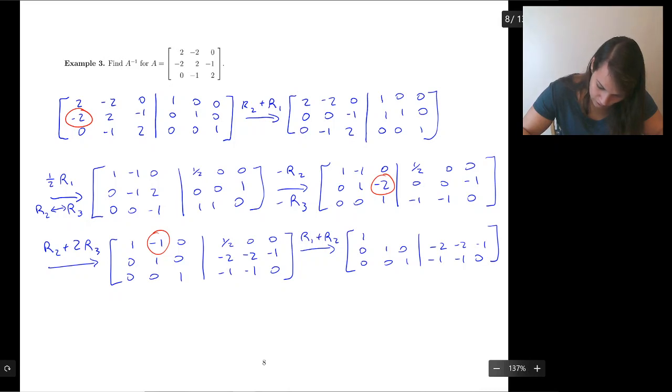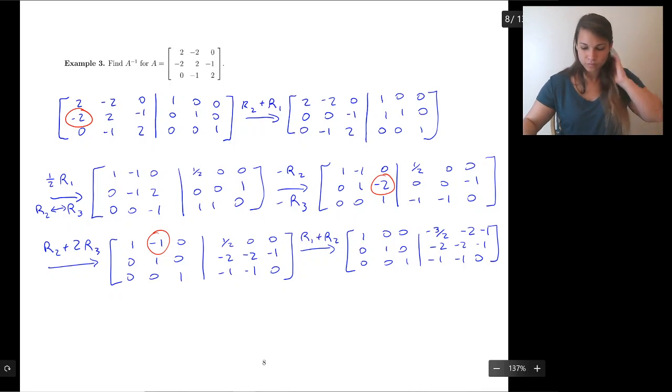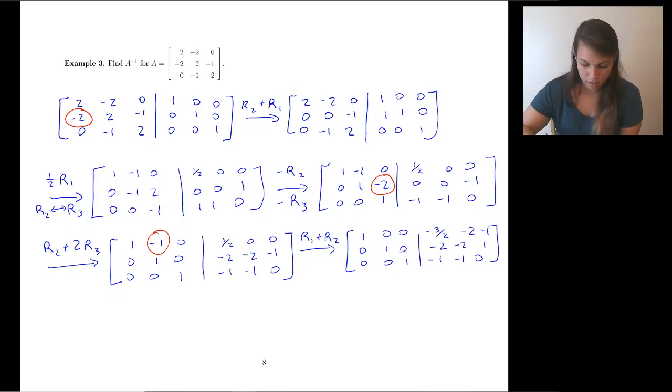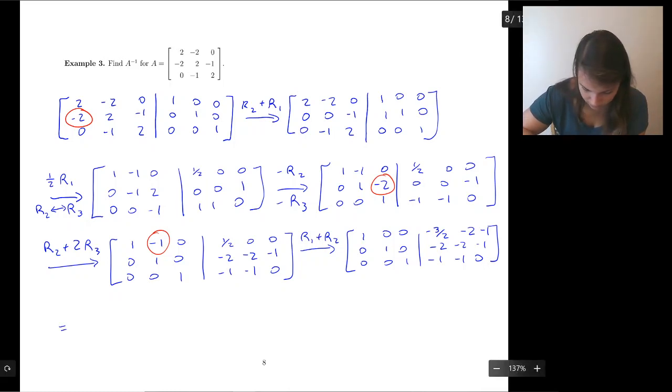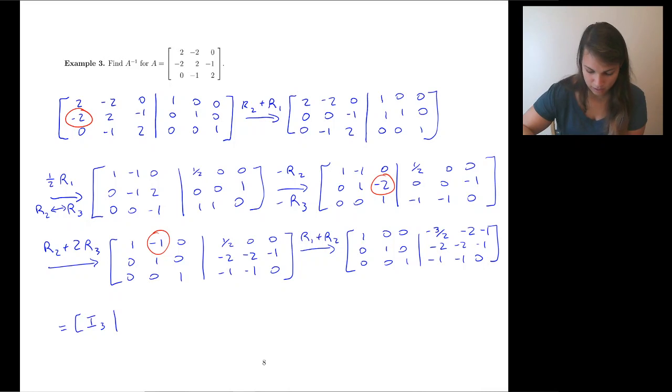Row 1 is going to be 1, 0, 0, -3/2, -2, -1. And remember, that is going to be equivalent to the identity matrix on the left, which we do indeed have, which means we now have A inverse on the right.